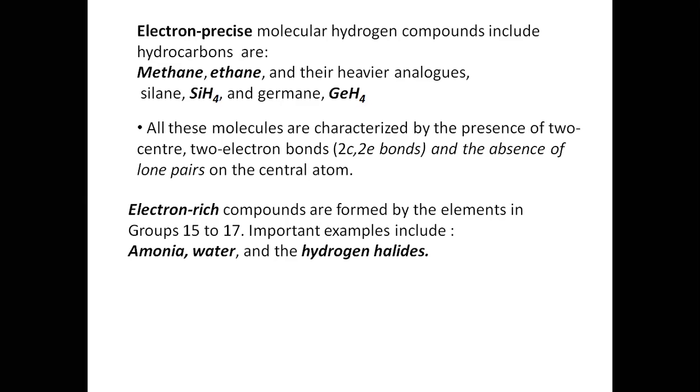See, examples. First of all, we should know the group 15 element. Nitrogen family is called group 15, right? And halogen family is called group 17. So the hydrogen compounds of group 15 and 17, ammonia is one of them.